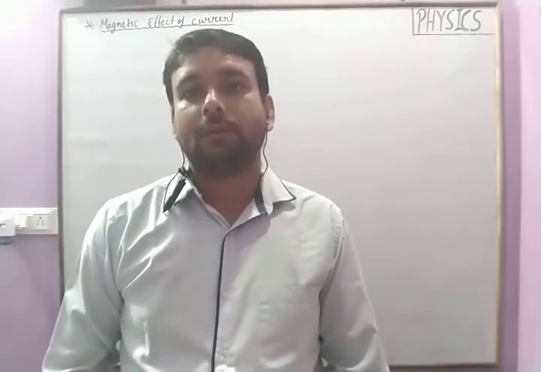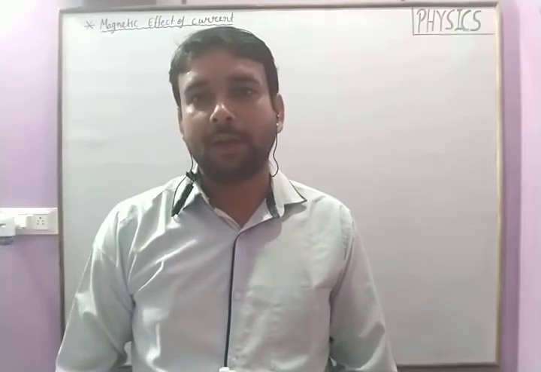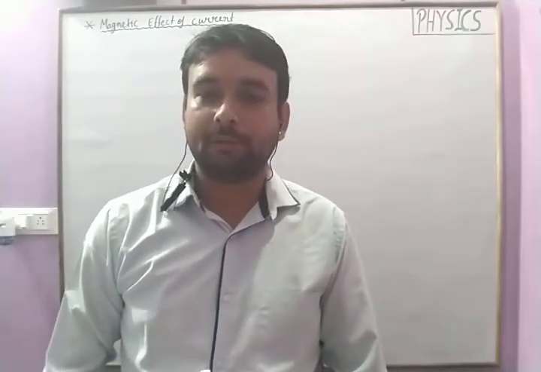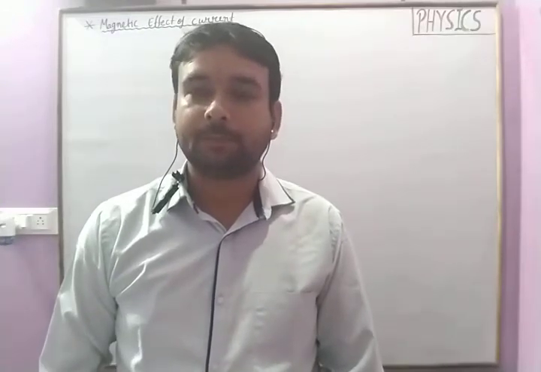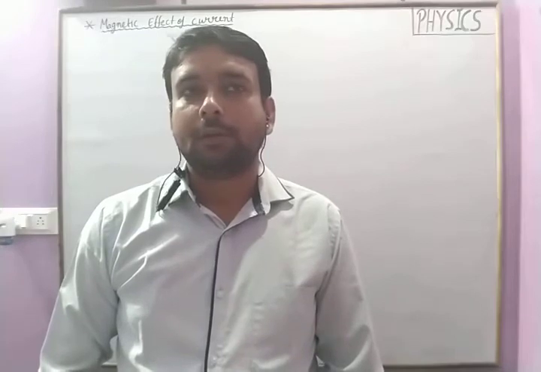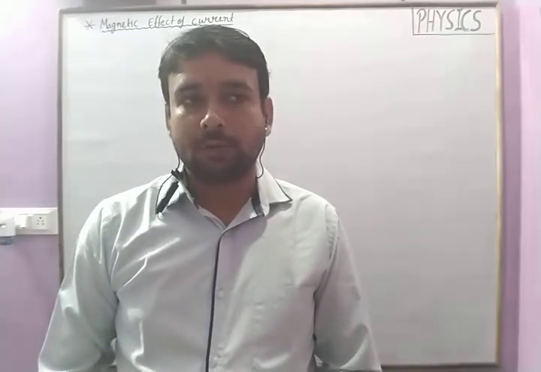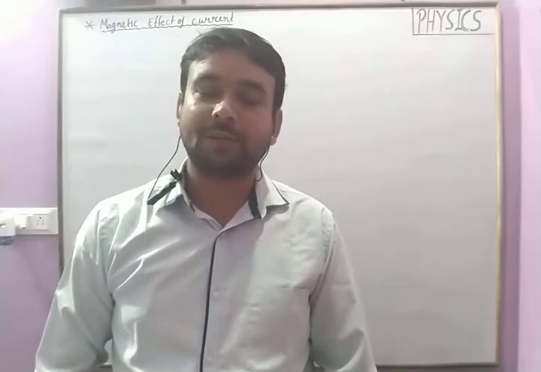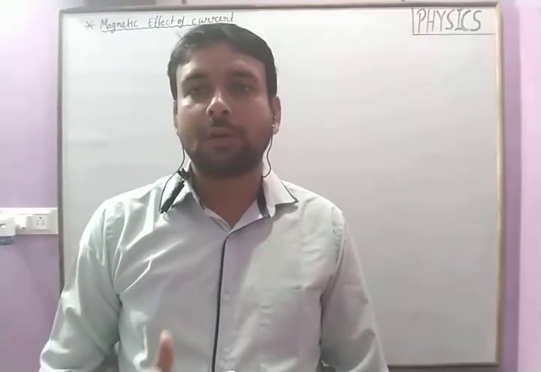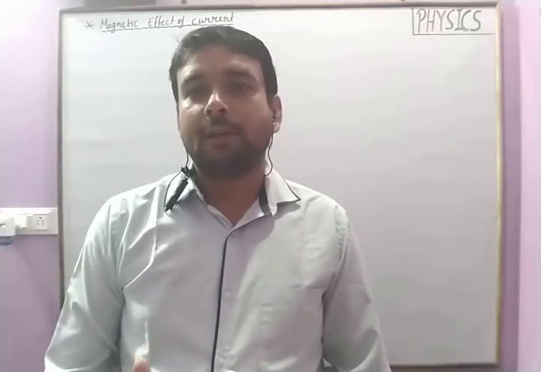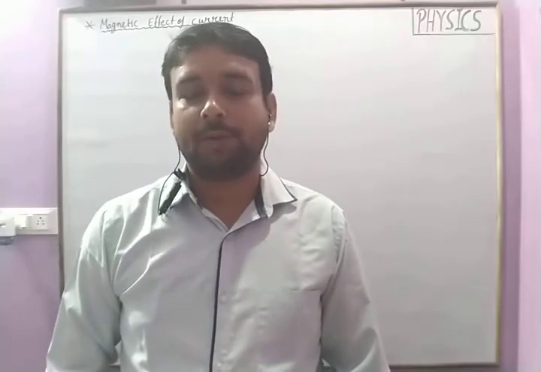In the previous class we learned about the concept of magnetic field and the quantity which produces magnetic field, that is current, and we went through the Oersted experiment. After that we deduced an expression for the force on a charge kept in a uniform magnetic field.